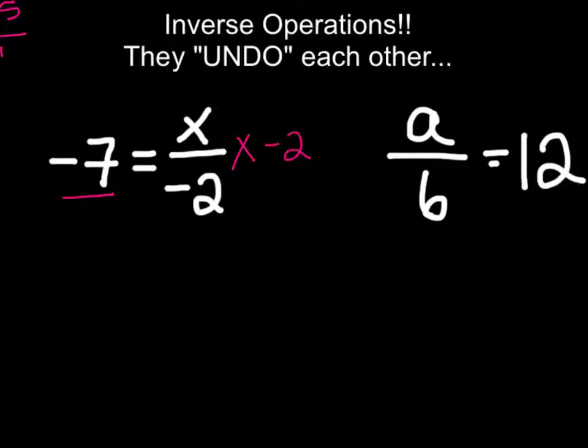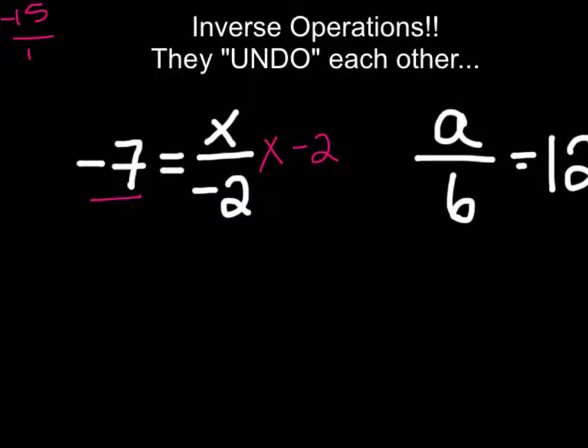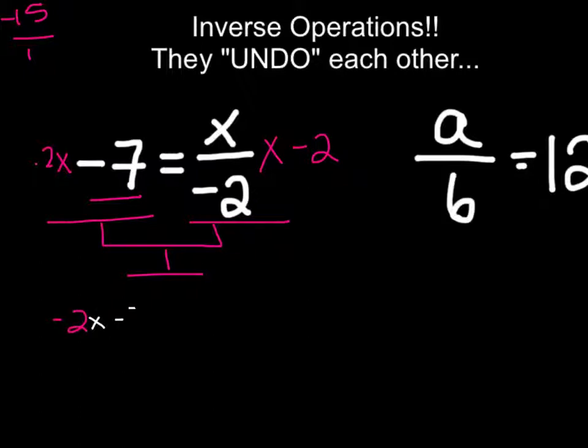If I multiply by negative 2 on both sides of this equation, I'm keeping everything balanced, just like a scale. I'm doing the same thing to both sides. Everything's going to stay balanced. Negative 2 times negative 7 is equal to x divided by negative 2 times negative 2.